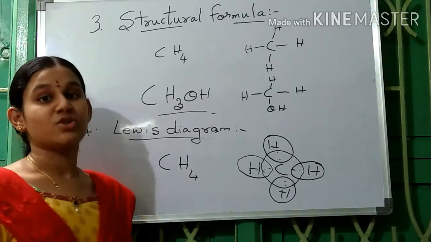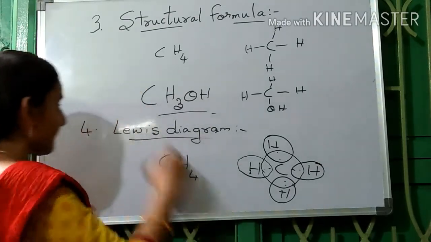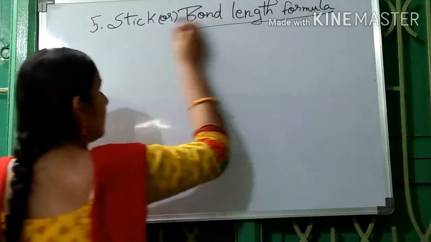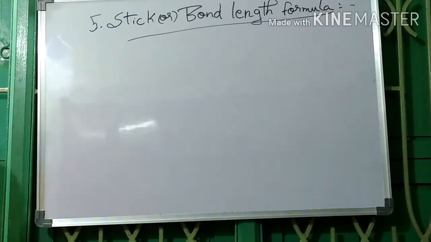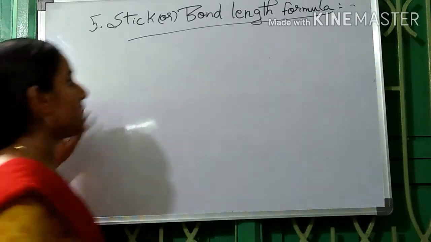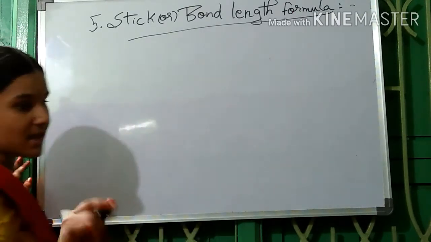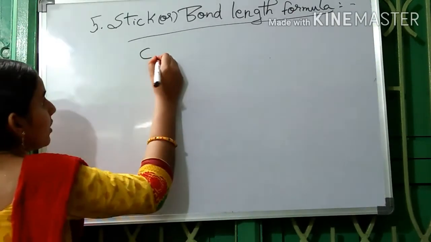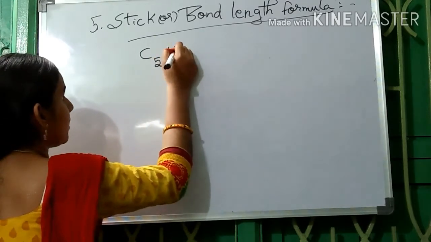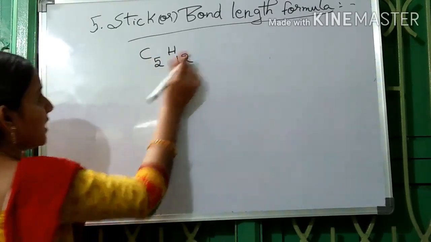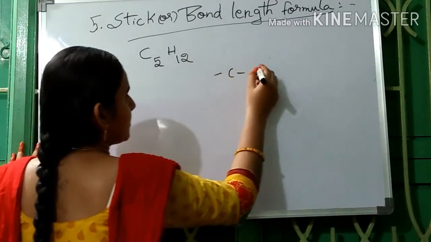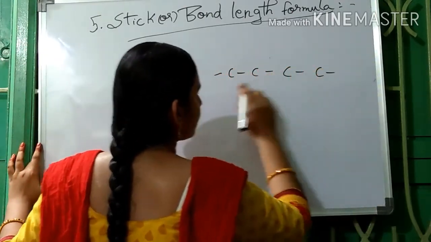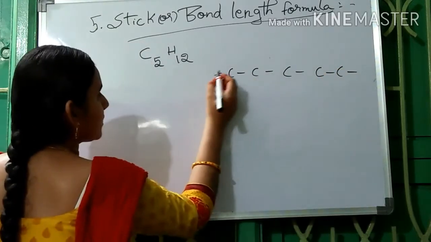The last one is the stick or bond length formula. In this type of formula, let us take the example of C5H12. This is an alkane. The structural formula we will write like this: 5 carbons.